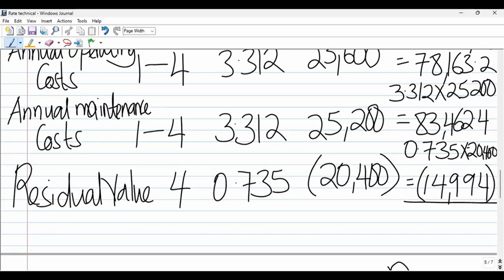But if a discounting factor is not there, then it will be worth 2,400 because the discounting factor is not there. So we come and get the total life cycle costs.